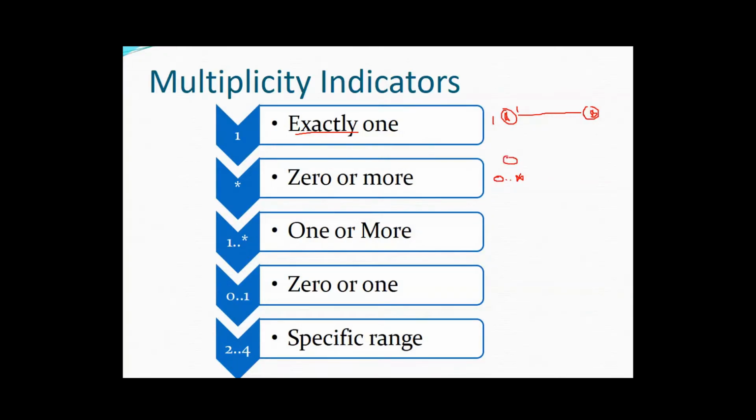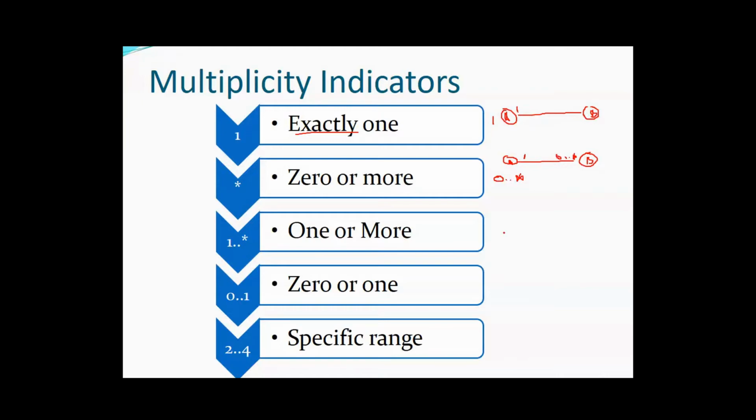So for example, one object of A is associated with zero or more objects. That means an object in A could be associated with no object in B, or 1 or 2 or 3 or 4 or 5, as many as you want.